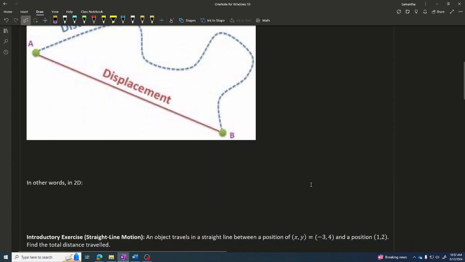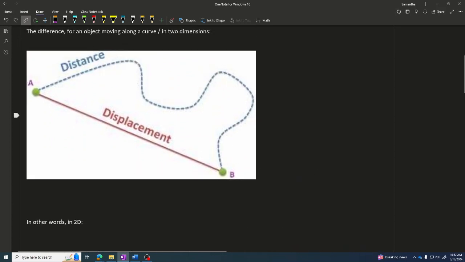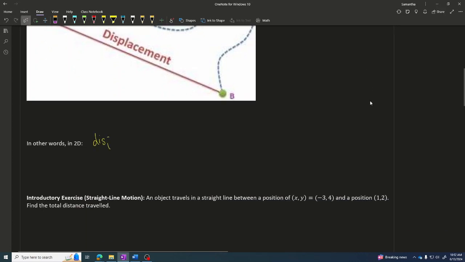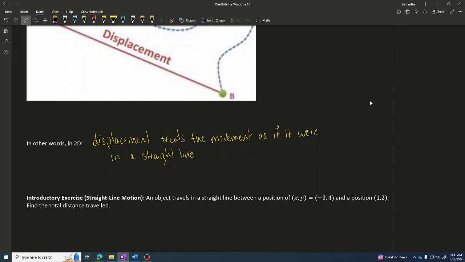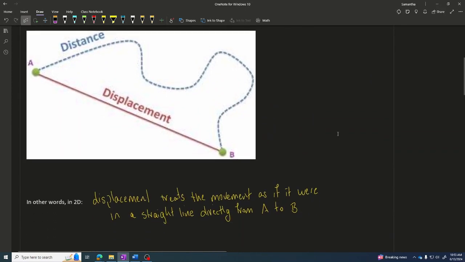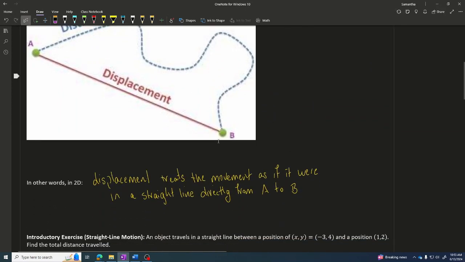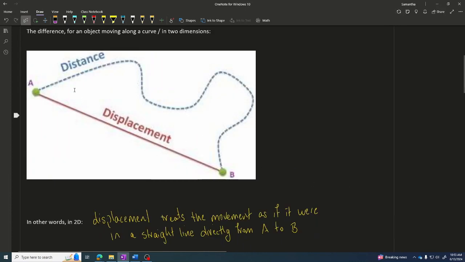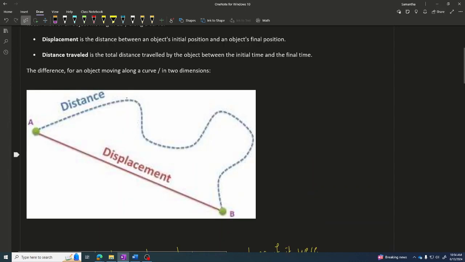So in other words, in two-dimensional space, the major difference between displacement and distance is that displacement treats the movement as if it were in a straight line, directly from A to B. Displacement, once again, does not account for the reality of the journey that was required to get from point A to point B. The real difficult quantity to calculate in these examples, in my opinion, usually is the distance.